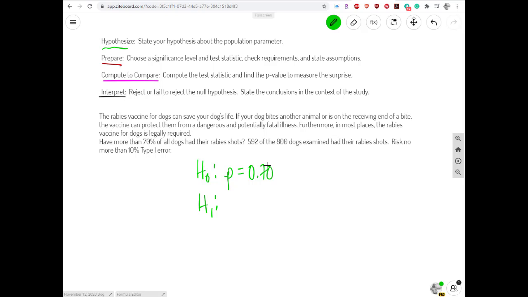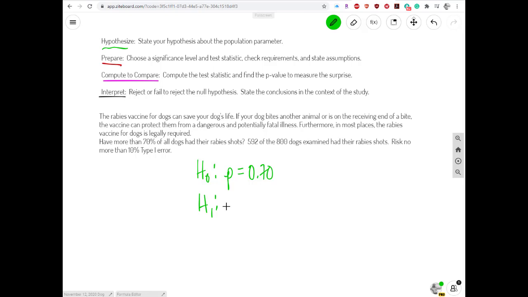So of all the dogs, approximately 70% have their vaccinations, and they seem to want to know if that has changed. They're not concerned with there being less than 70%, or just a significant difference from 70%. They want to know if there is more than 70% of all dogs that had their rabies shots.